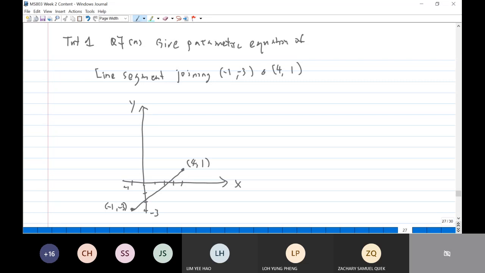So let's see how I do this. How do we get this straight line? Parametric curve means x is a function of time and y is a function of time. So what are x and y so that you get this straight line?